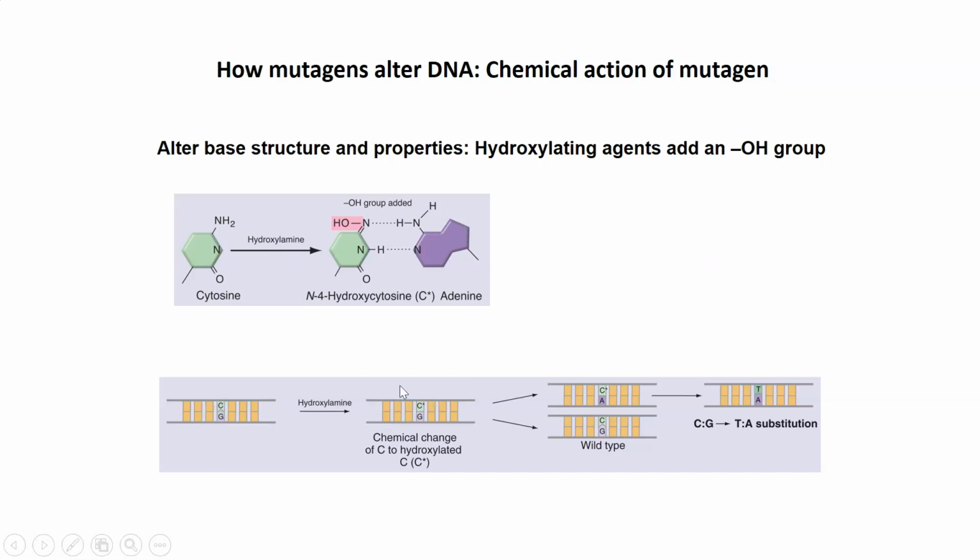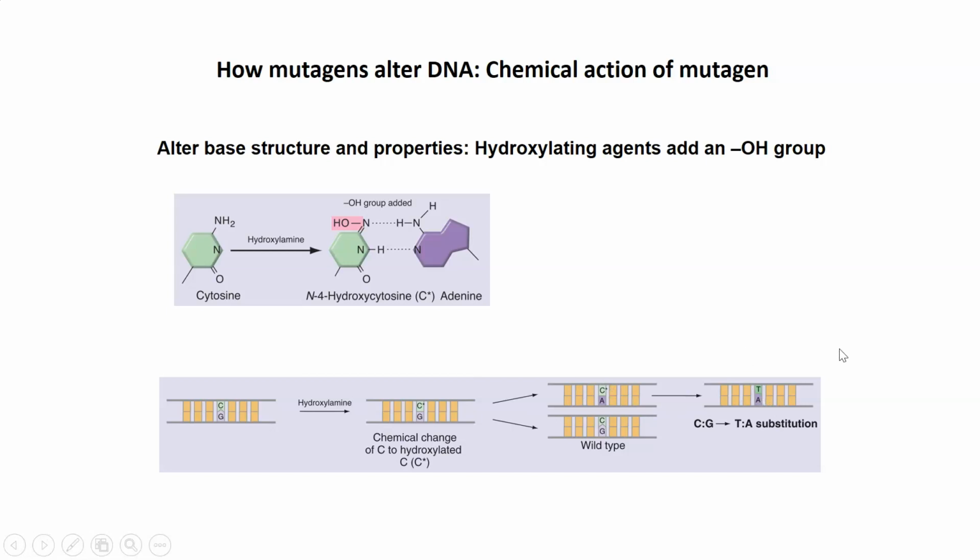So here would be hydroxylcytosine going through replication, and DNA polymerase would insert an A opposite hydroxylcytosine. And then in the next round of replication, if the A strand is used as template, DNA polymerase will put in a T. So in 2 rounds of replication, you've gone from CG through hydroxylcytosine to TA.